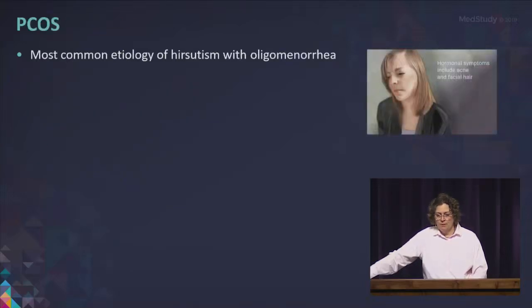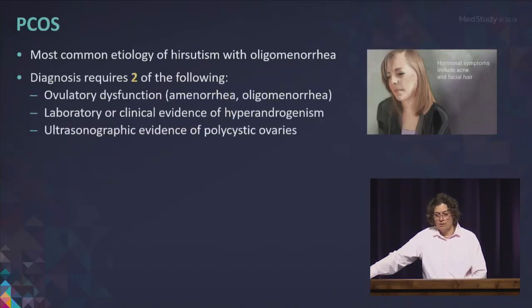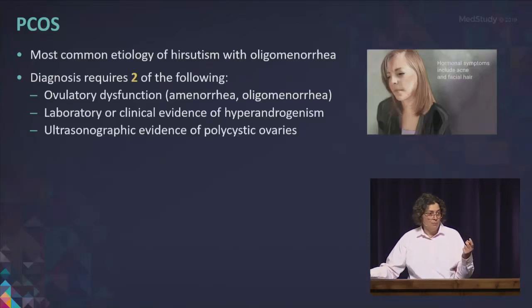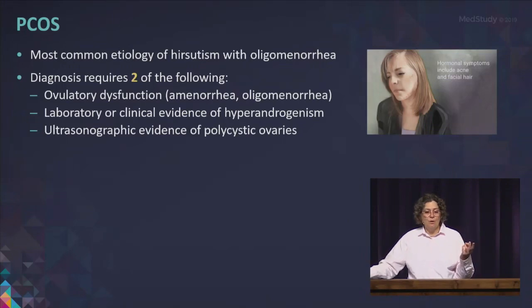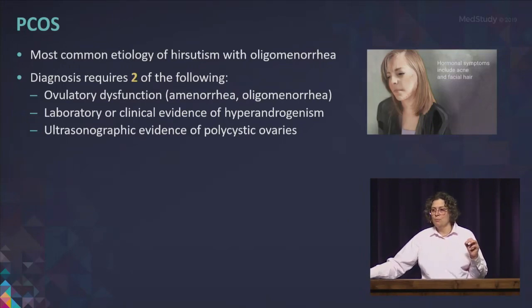So let's talk about PCOS, the most common etiology of secondary amenorrhea, and is also the most common etiology of hirsutism or signs of androgen excess. Generally requires 2 of the following. We look for ovulatory dysfunction, either not having periods or having irregular periods. We're looking for laboratory or clinical evidence of hyperandrogenism.